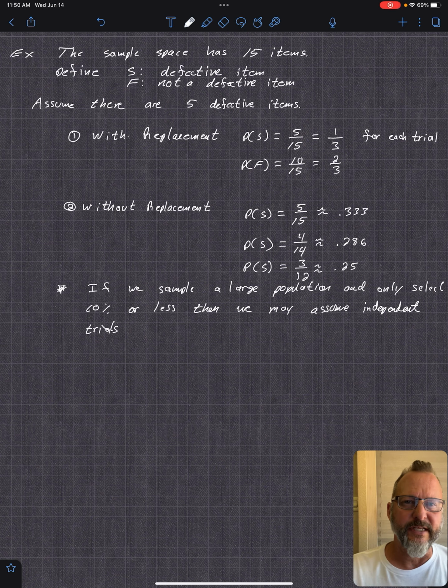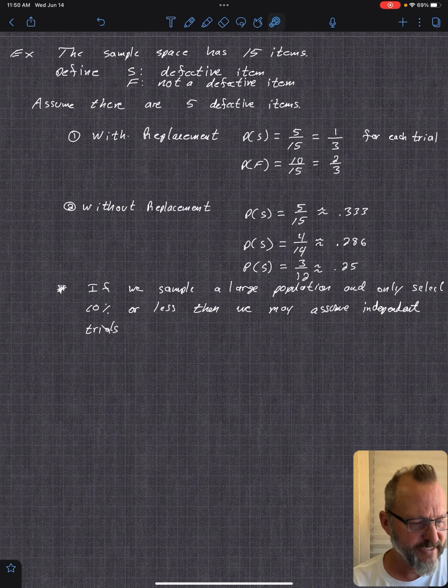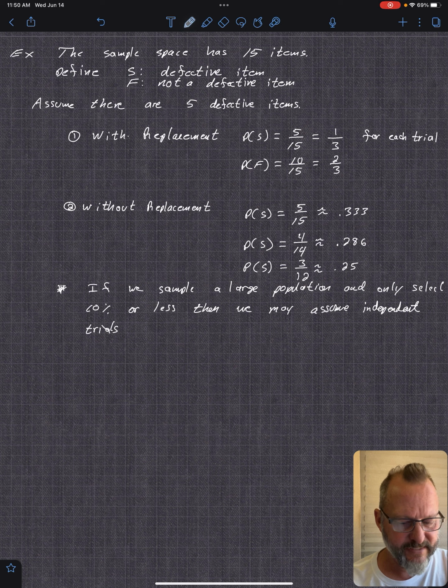That's really the key, that each trial is independent and has the same probability. Clearly this one doesn't. If you replace, obviously it does.